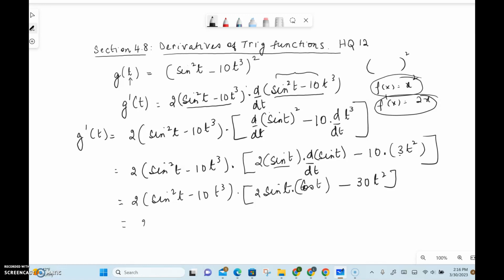So this is equal to 2 times sine squared t minus 10t cubed times 2 sine t cosine t minus 30t squared. You could simplify it and write it as sine of 2t. That's the formula: sine of 2t is 2 sine t cosine t.